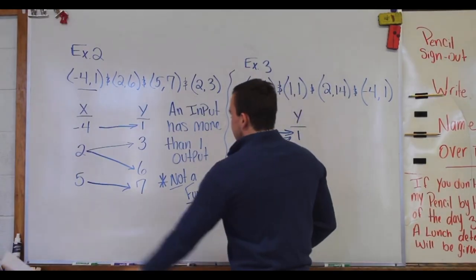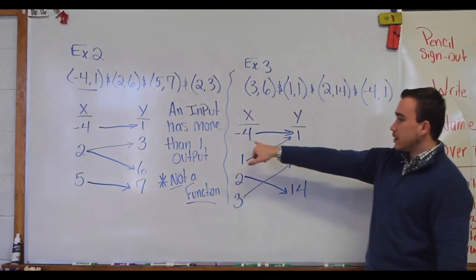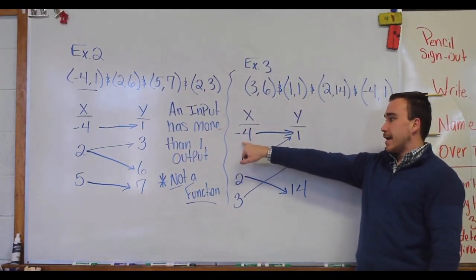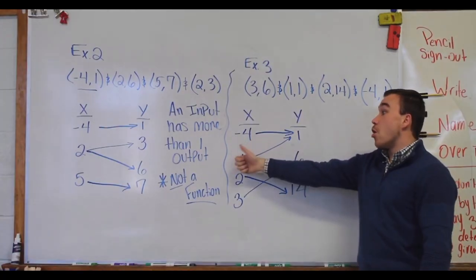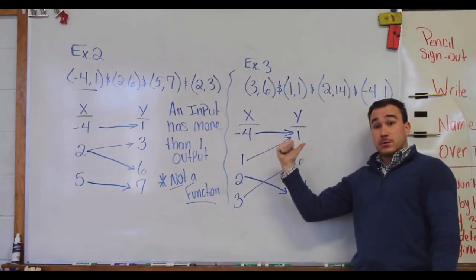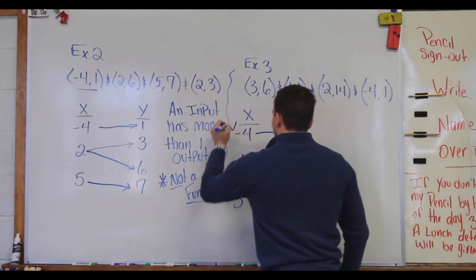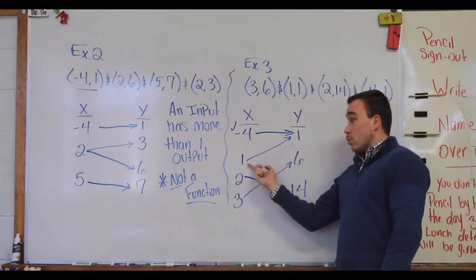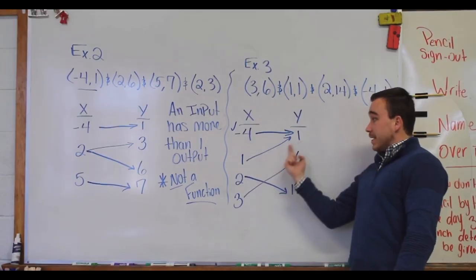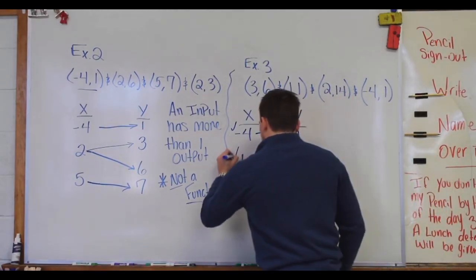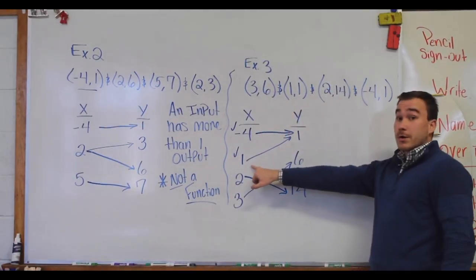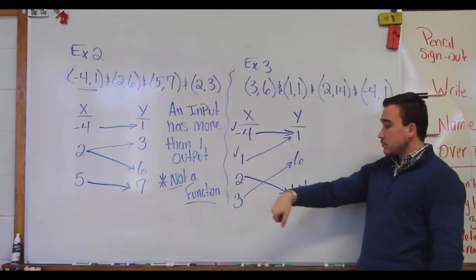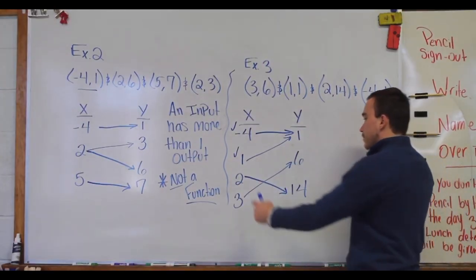So, just like before, let's look at each input. How many outputs does -4 have? You input -4, you only get 1 out. So that's good, only one arrow off of -4. When we input 1, we only get 1 out, so there's only one arrow coming off of that x value. Next up, we have 2.